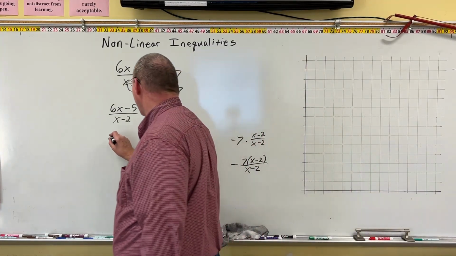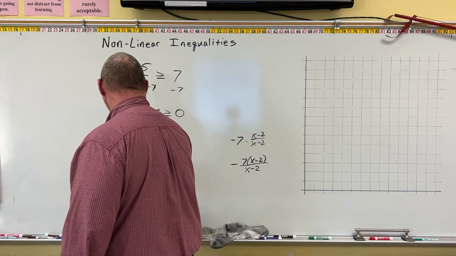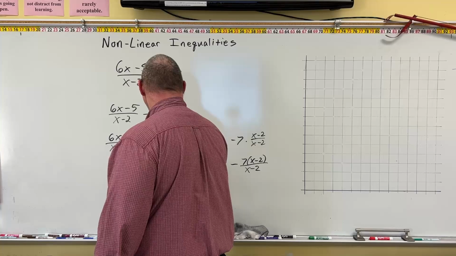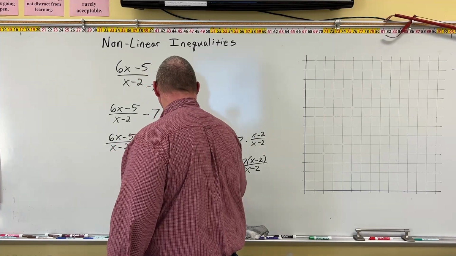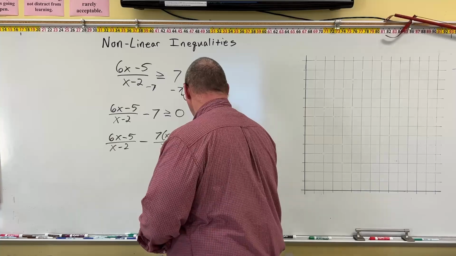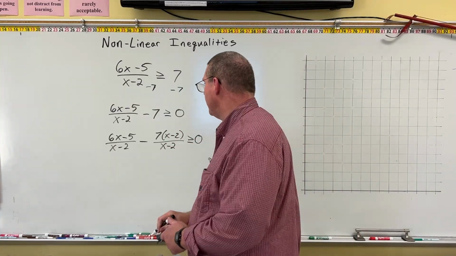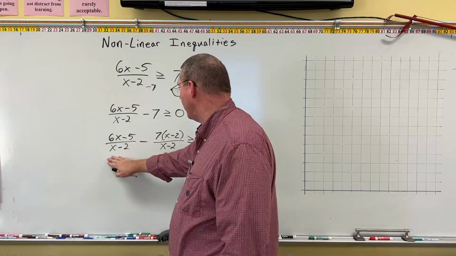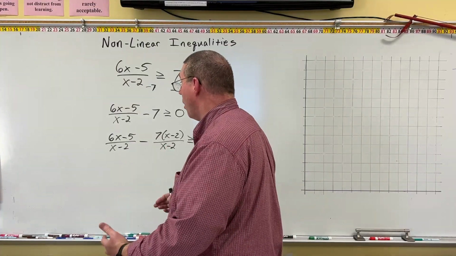All right, so what we're going to have here is (6x minus 5) over (x minus 2) minus 7 times (x minus 2) over (x minus 2) is greater than or equal to 0. Okay. Now we're going to be able to combine these two. They both have a common denominator, so we can combine them into a single fraction, which is what we want.